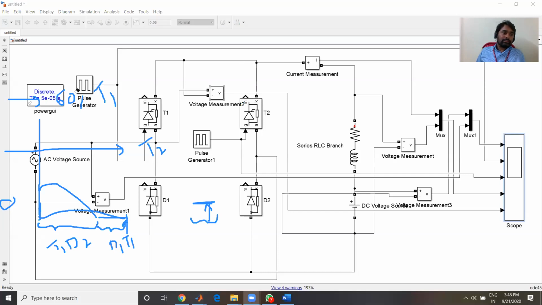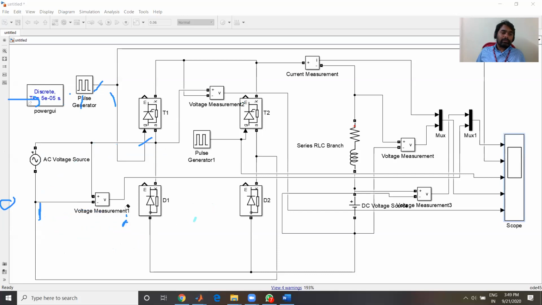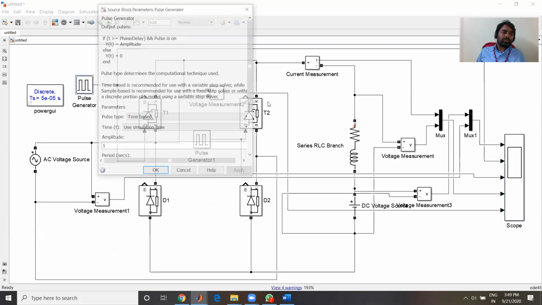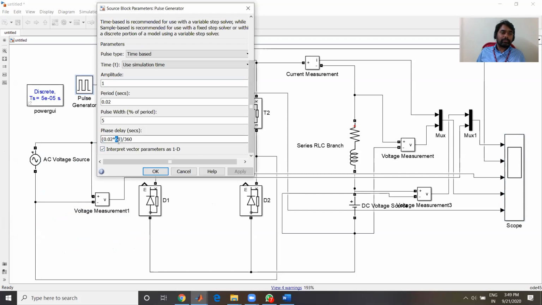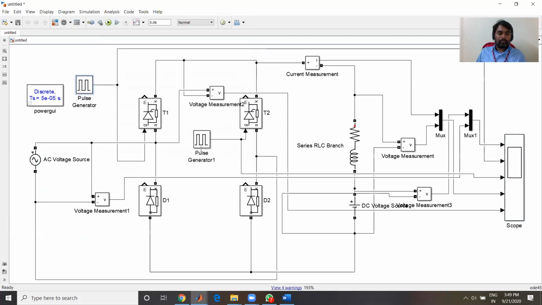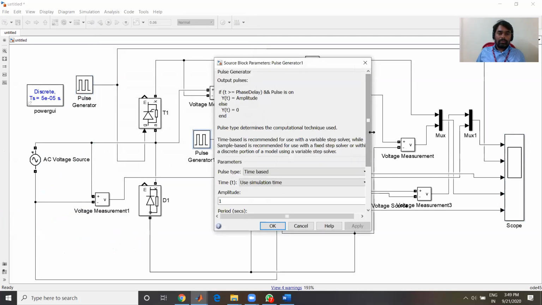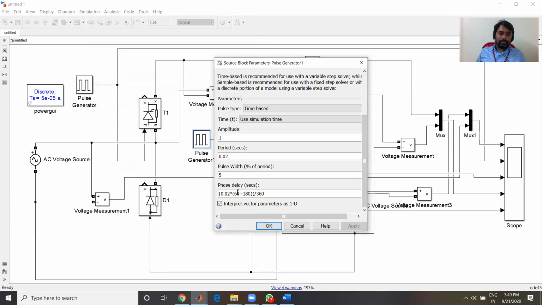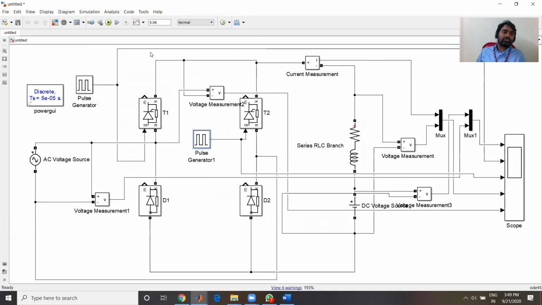Now I will adjust the firing angle of T1 to 90 degrees. And T2, you all know, should trigger at 180 plus 90 degrees. So the conduction of T2 should start from 180 plus 90 degrees.